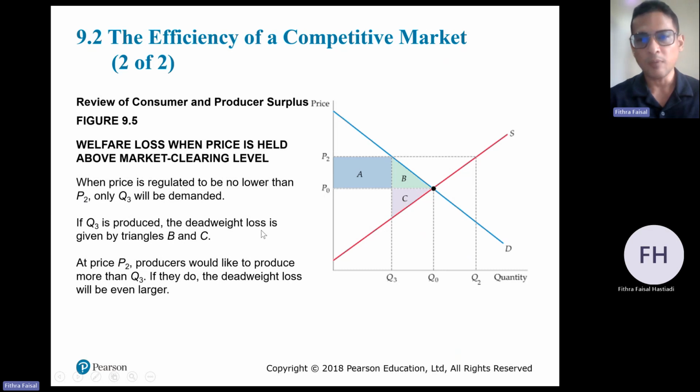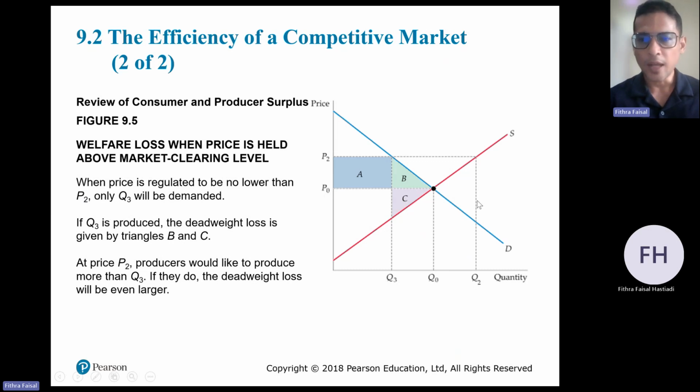In this price, this is actually an incentive for producers to add production even more, from Q0 to Q2. As the demand dropped to Q3, the producers can always add to the supply, the production, because they now see a higher price in the market.